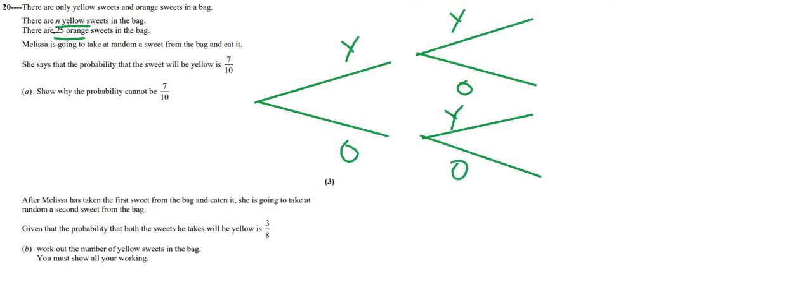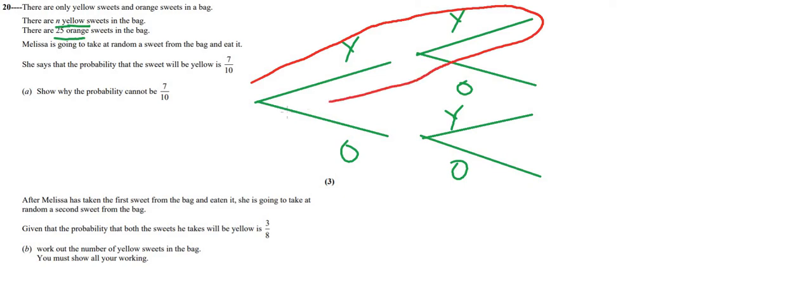We're given the probability that both sweets are yellow. In a probability tree, that means they pick a yellow and they pick a yellow. So that's the path we're looking at. And remember, this is 'and', so we are going to multiply. That is equal to 3/8. Now we just have to work out what these probabilities are.